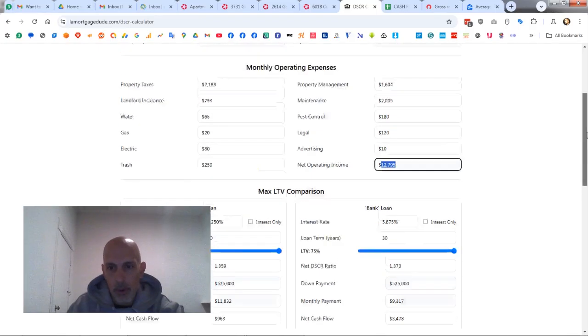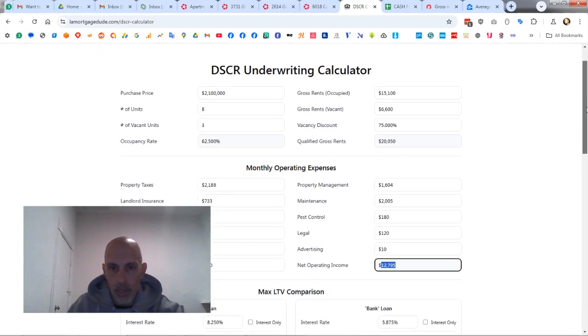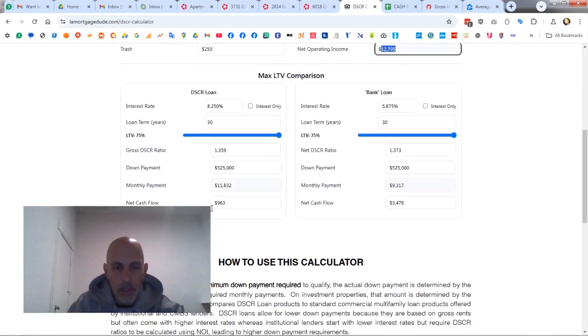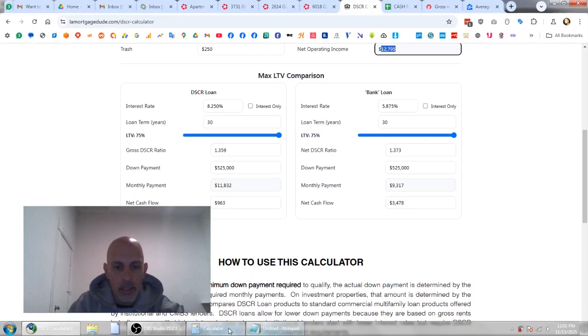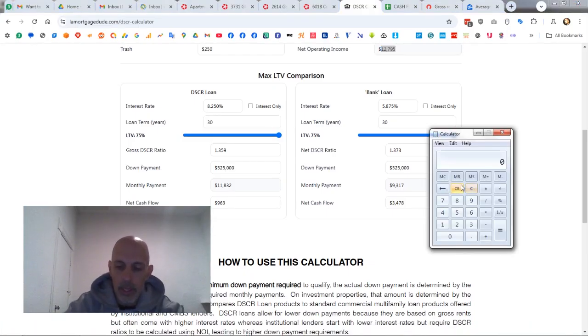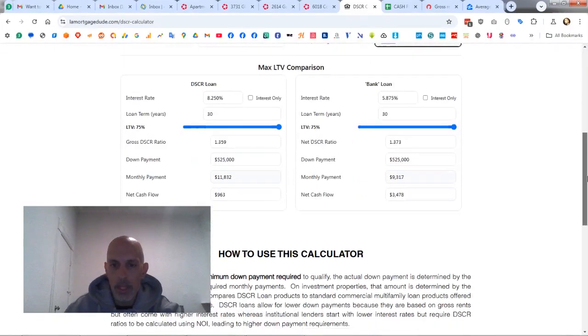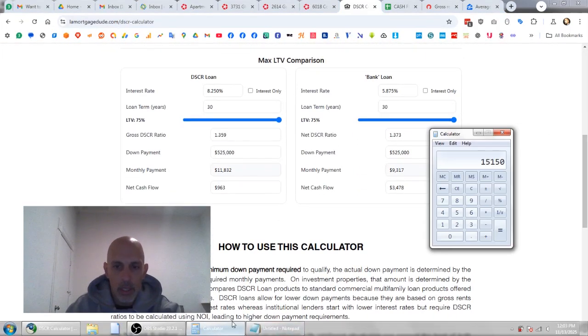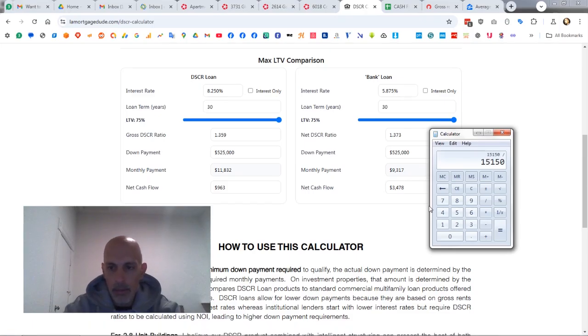Because of the sheer volume of gross rents, according to them, that GRM multiplier, they're saying that you're getting $181,800 a year. Divide that by 12, you're getting $15,150 a month, $15,100 roughly, and divide that by 5, you're getting about $3,000 a month in rent per unit.